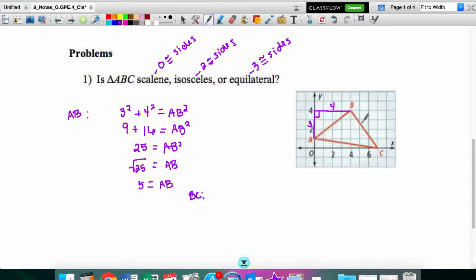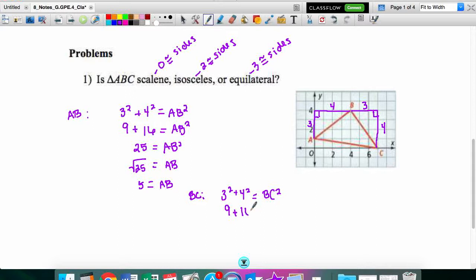For BC, once again, I'm going to create a right triangle by drawing a horizontal and a vertical line, which will connect our endpoints here. We have a side length of 3, a vertical height of 4 here, and our unknown BC. So once again, we have 3 squared plus 4 squared equals BC squared.